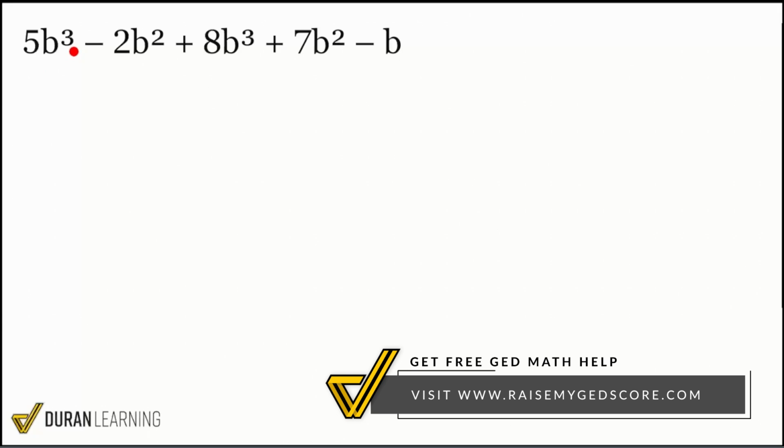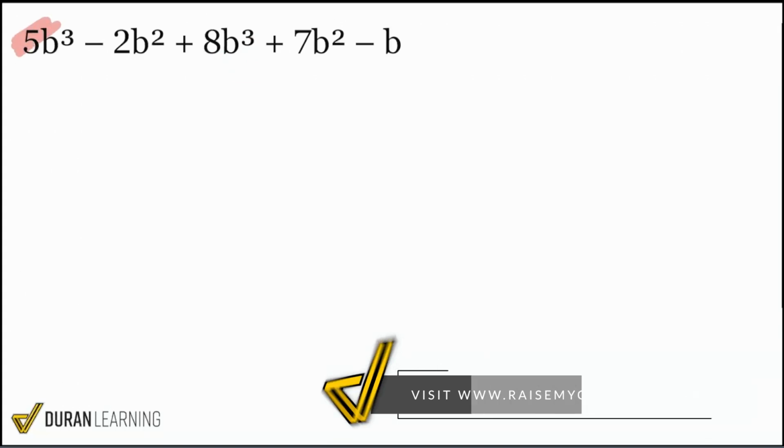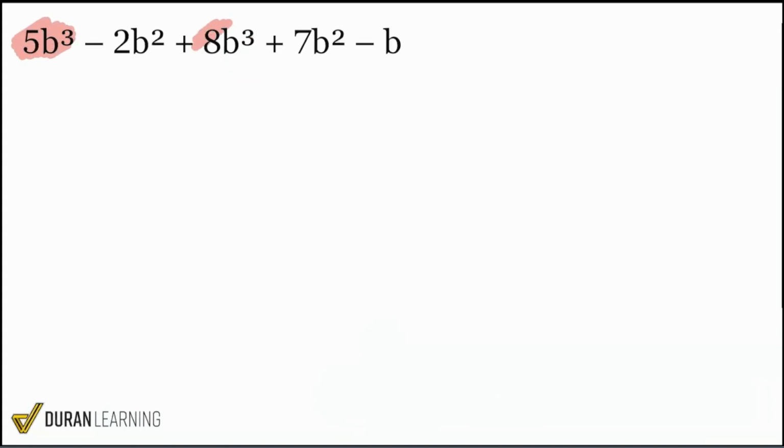What is the other term that is a like term to 5b cubed? Correct, that's going to be 8b cubed. These are the same variables and the same exponents. We can combine those terms, and keep in mind that that is a plus, that is addition with the 8b cubed. Now, before I continue, are there any other like terms that we can combine?